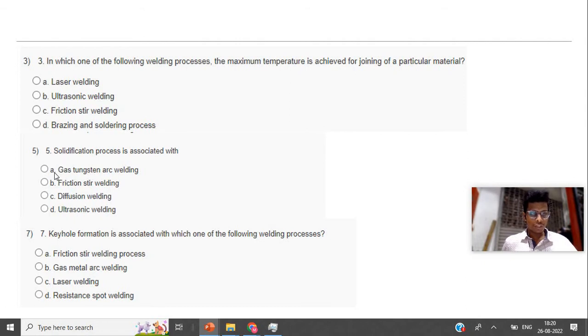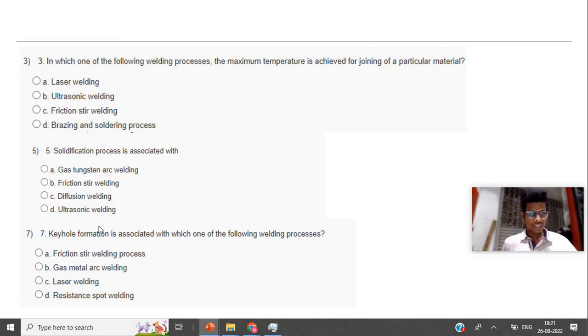So A is the answer, gas tungsten arc welding, where the temperature of the material reaches more than the melting point. Friction stir welding and the others come under solid state welding, where the material won't melt. So the answer is gas tungsten arc welding.